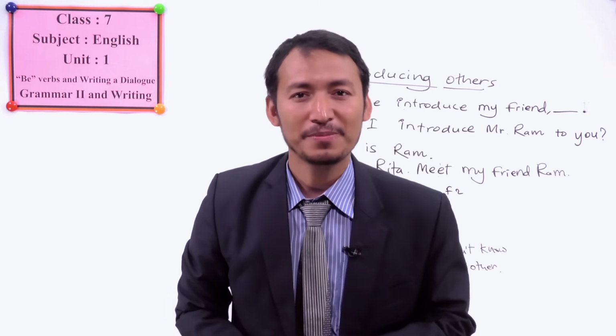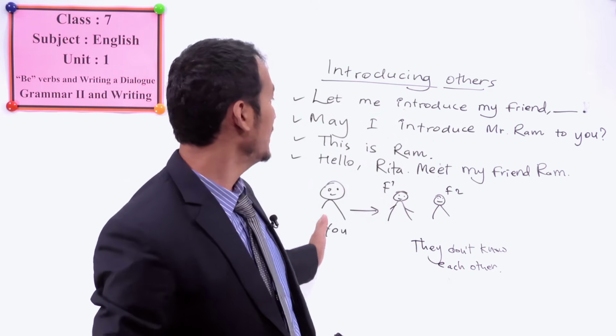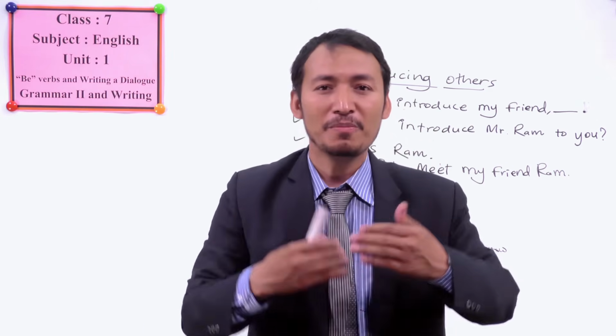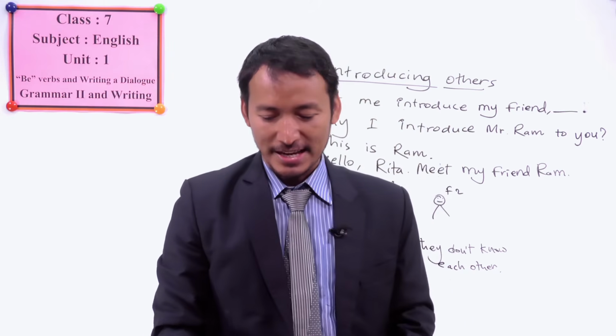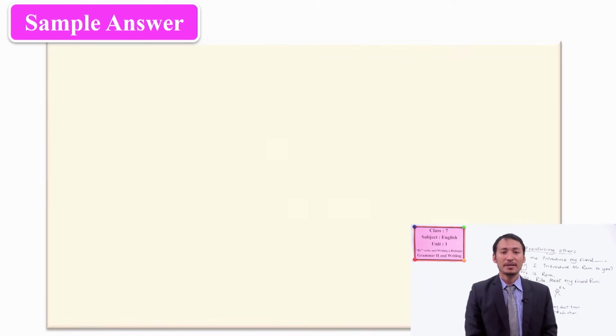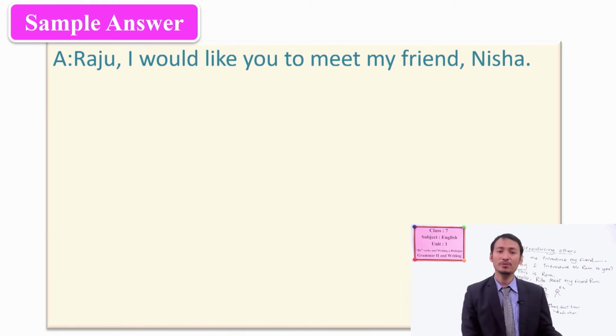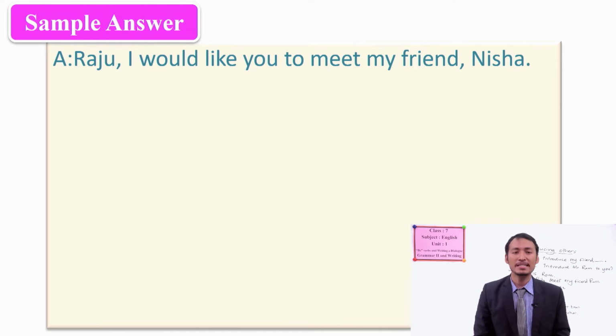Can you do that now? Can you use the expressions like let me or may I, this is, hello Rita, and compose your dialogue? Okay, then let me show you a sample of how we can compose the dialogue. For example, A says, Raju, I'd like you to meet my friend Nisa.